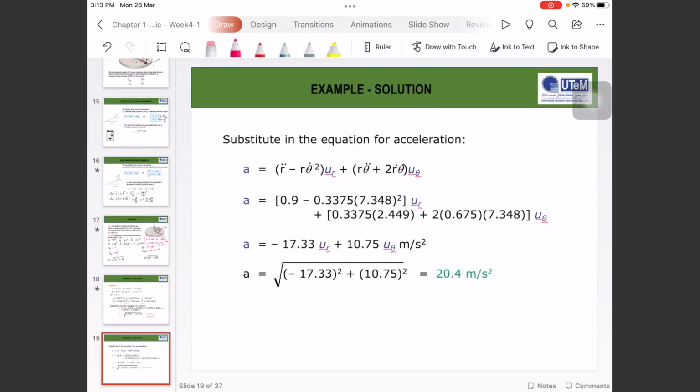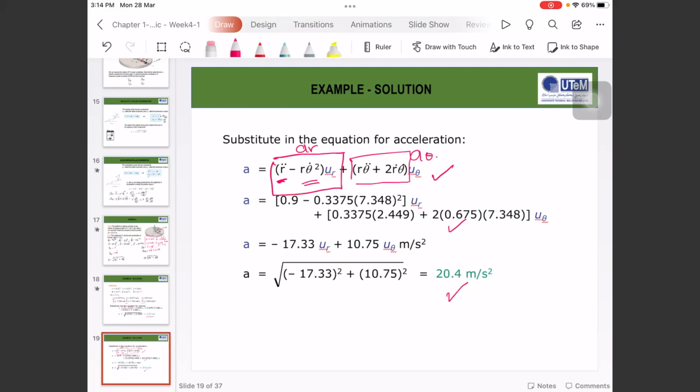Okay, for A pun sama. Just masukkan dalam equations. You dapat A. So this is R double dot minus R theta dot squared. Okay, so this one is for A_R and then this one for A_theta. Okay, disekalikan.